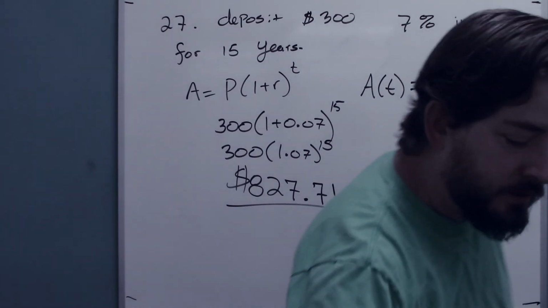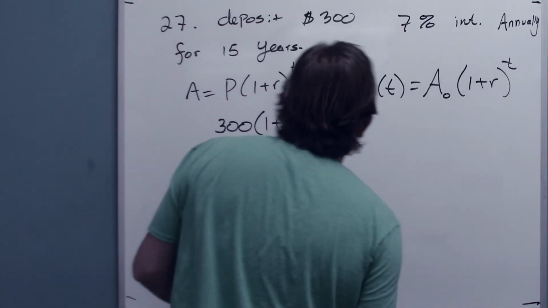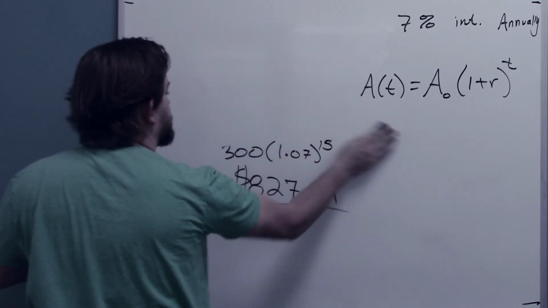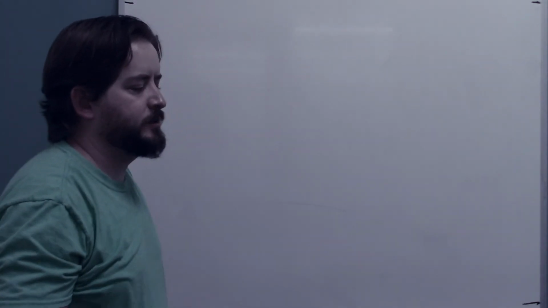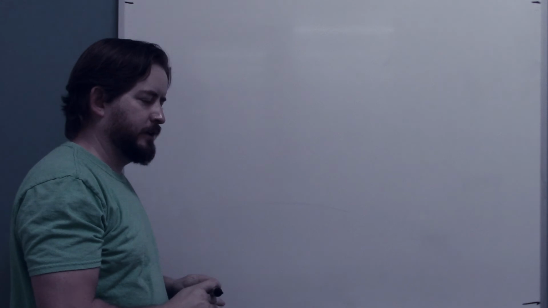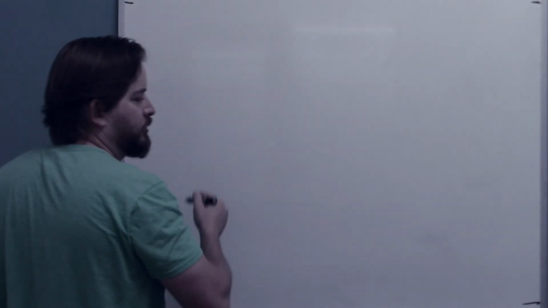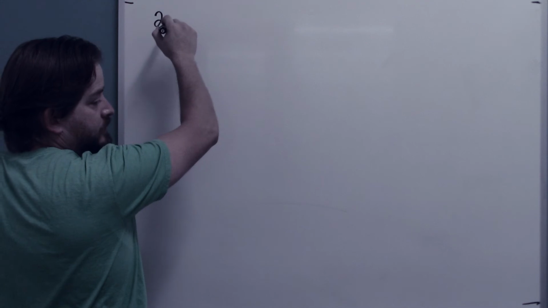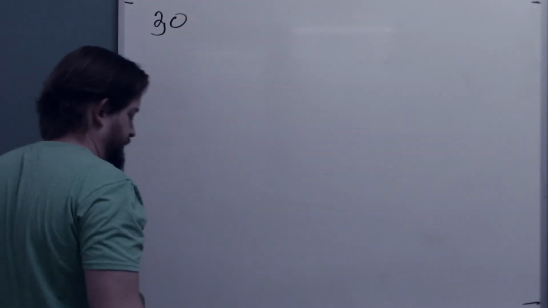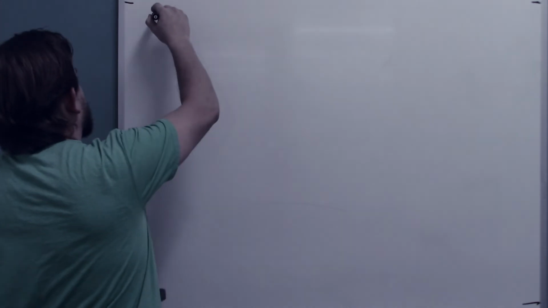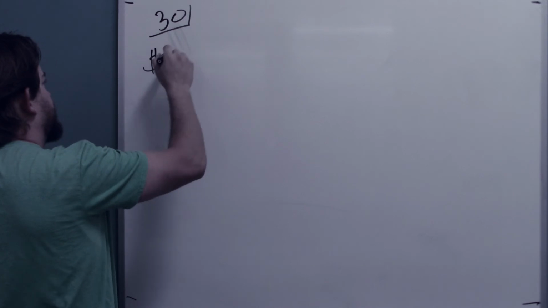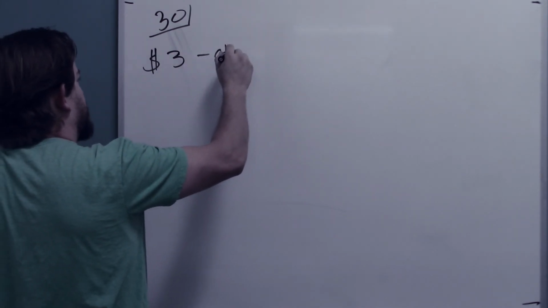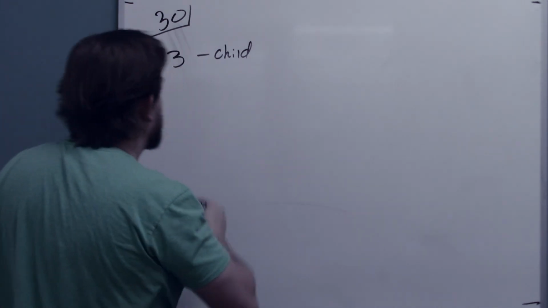All right. Now let's take a look at number 30. A question like number 30 has been on every final I've given for this class, hintity hint hint, since the beginning of time. The admission for a play is, that's the ugliest 3 I've ever drawn, $3 for children, and $5 for adults.